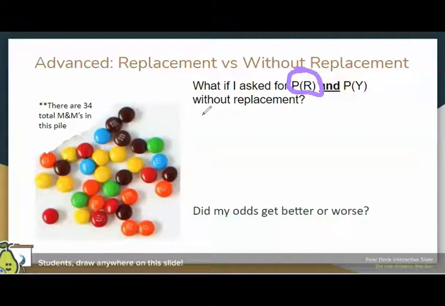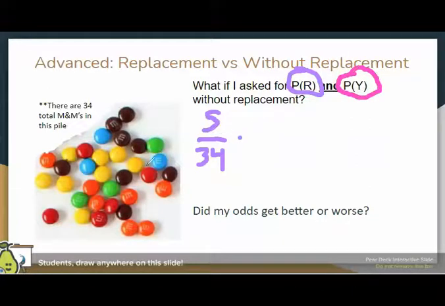So I have a 1, 2, 3, 4, 5, same thing, a 5 out of 34 chance to choose a red. And then I have my yellow.